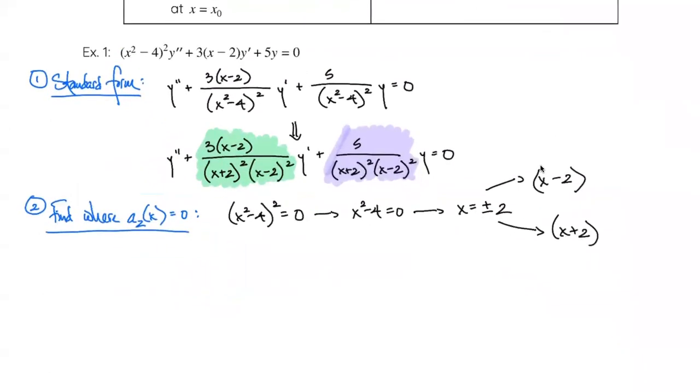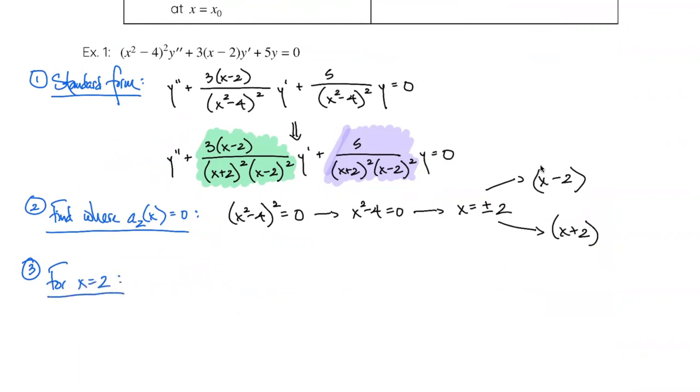And so we might say that our third step here is, what's the best way to organize this? Okay, for x equals 2. All right, so let's start with that one.